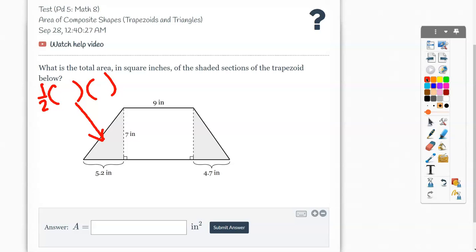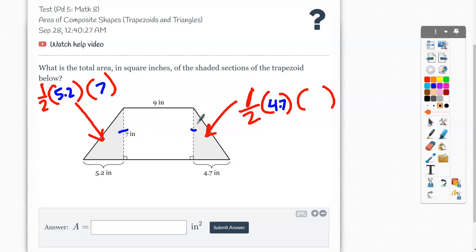The base is 5.2, and the height is 7. And then over here, we have area is half the base times the height, and the base over here is 4.7, and the height is also congruent to the other side, so the height is 7.